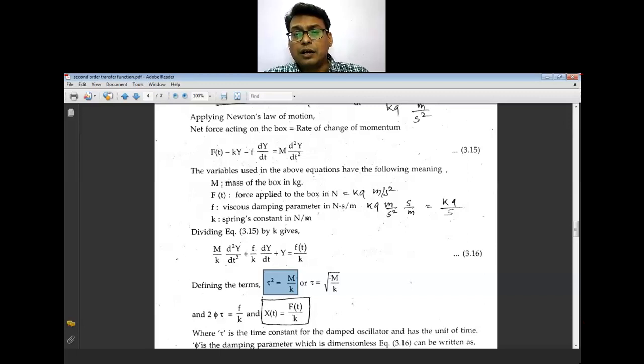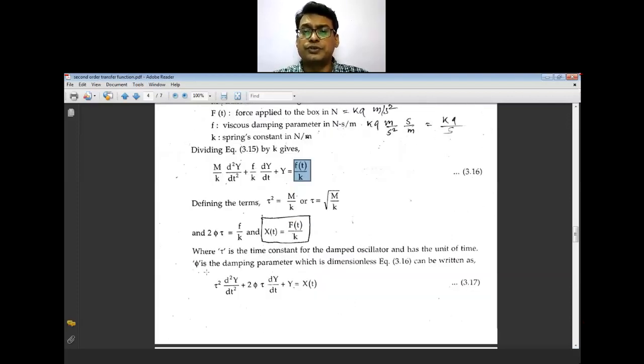Then 2 zeta tau is equal to f upon k, and X(t) is equal to F(t) upon k. So your equation simplifies to tau square d2y/dt square plus 2 zeta tau dy/dt plus y is equal to X(t).